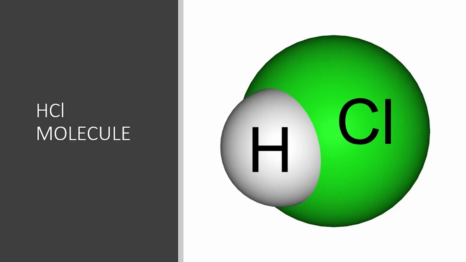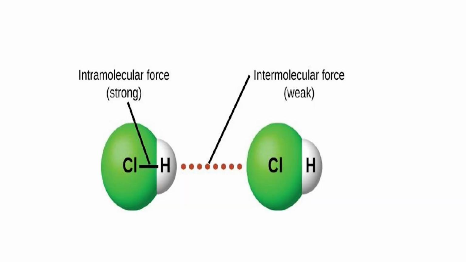Now, as an example, we shall think about the case of the HCl molecule. What happens when a polar molecule like HCl comes close to another HCl molecule? You just think about it.